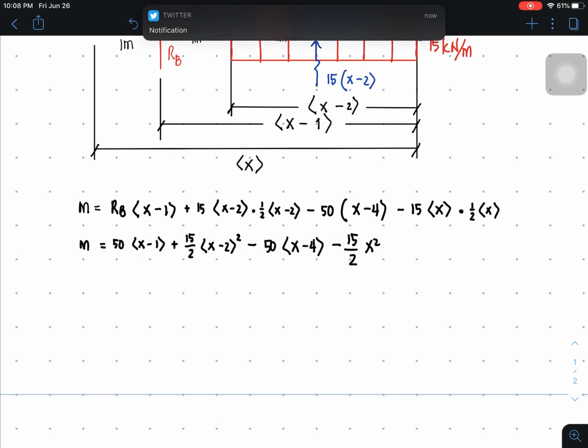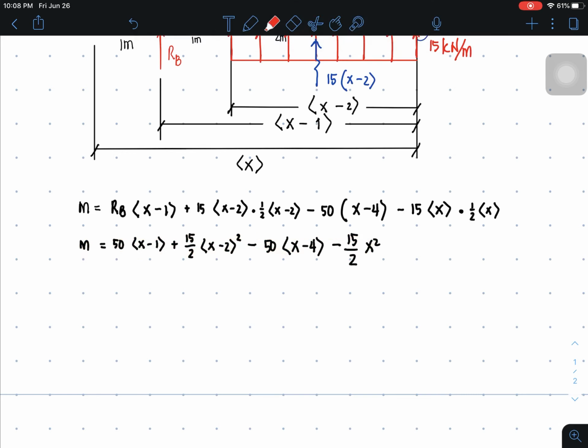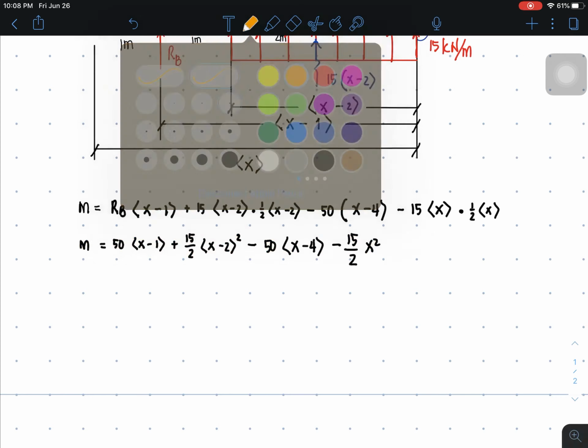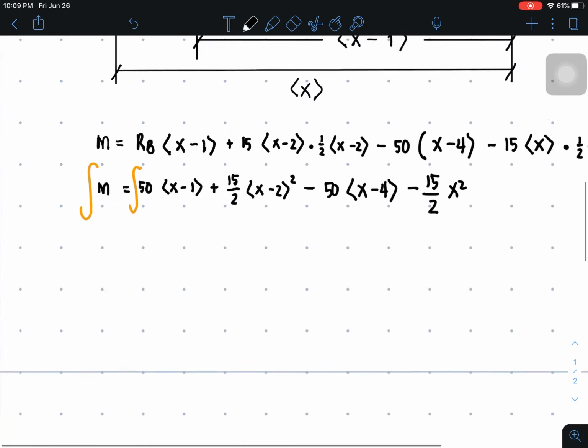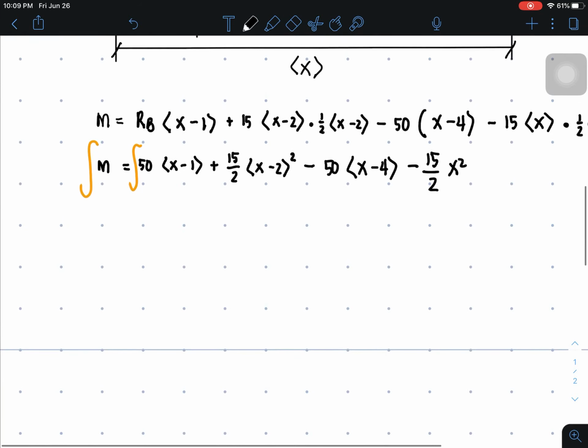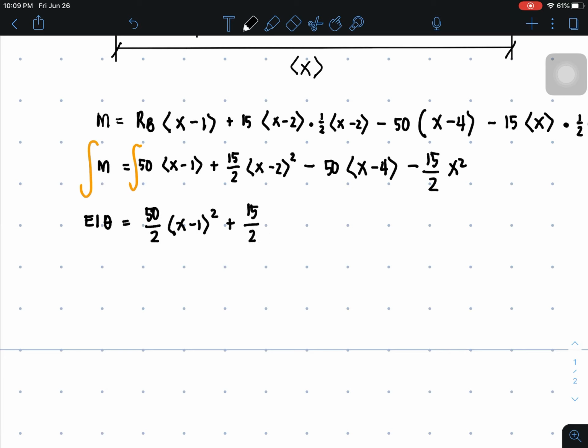Dili na ko siya na-erase. So that is our moment equation, and then what we're going to do next is integrate. So integrate both sides. We will now have EI. So you have EI of slope or theta equal to 50 over 2. Then this is x minus 1 squared plus 15 over 2.